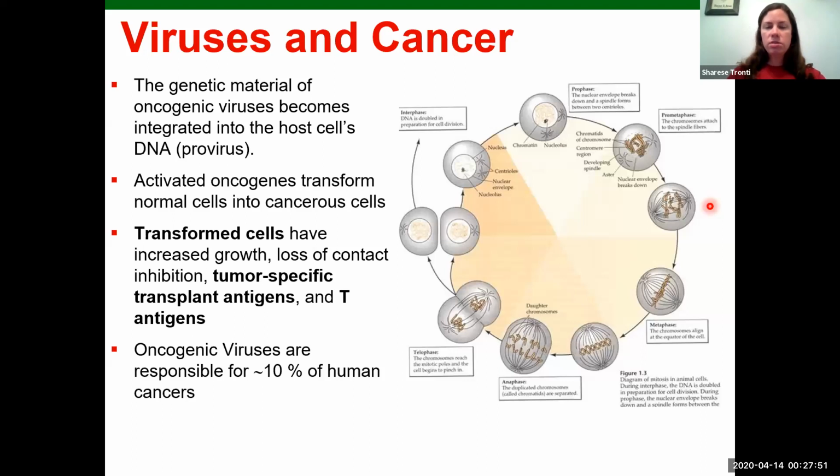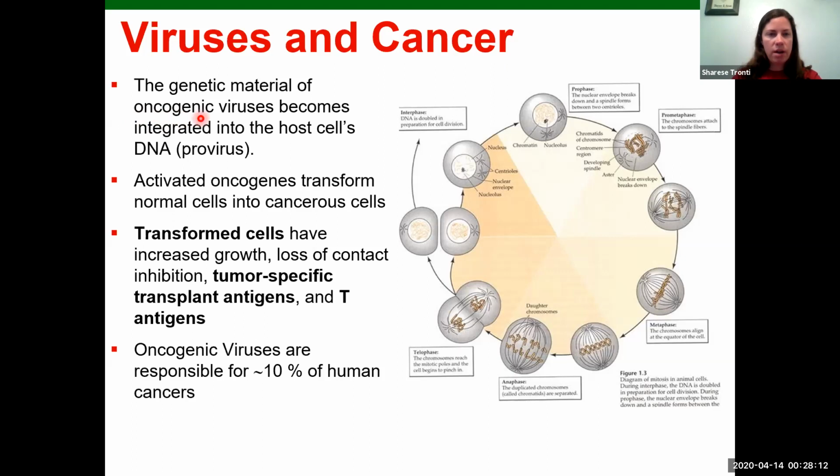Now switching gears here a little bit. There are some viruses that cause cancer in the host cell. These are called oncogenic viruses. Onco, you see when we're in reference to cancer.